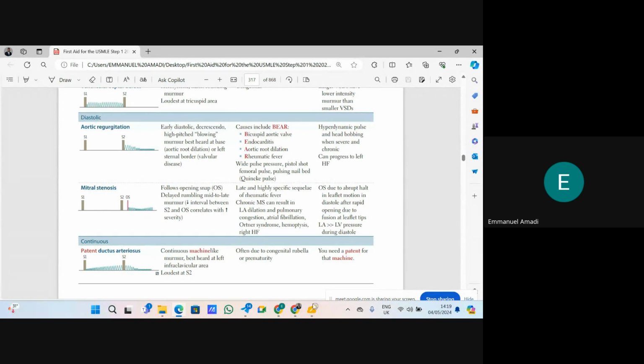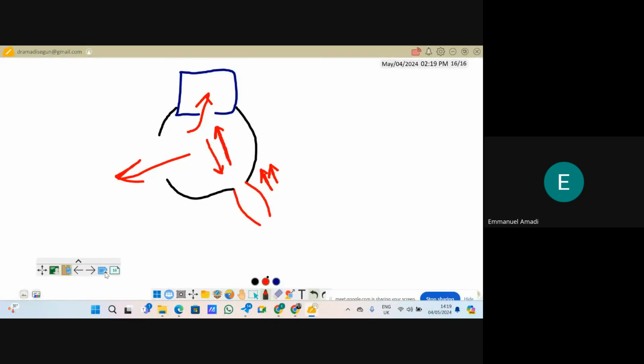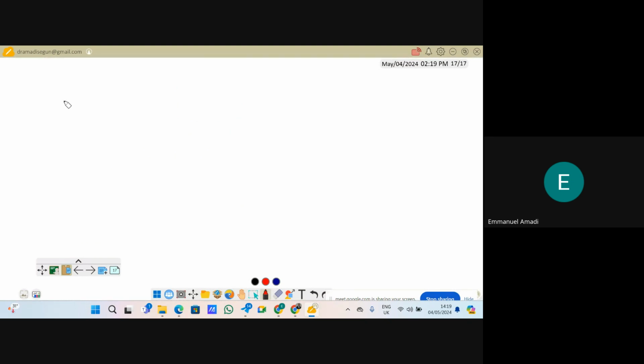Now, let's come back again and do this one. Mitral regurg is holosystolic. Tricuspid regurg, TR, is holosystolic.